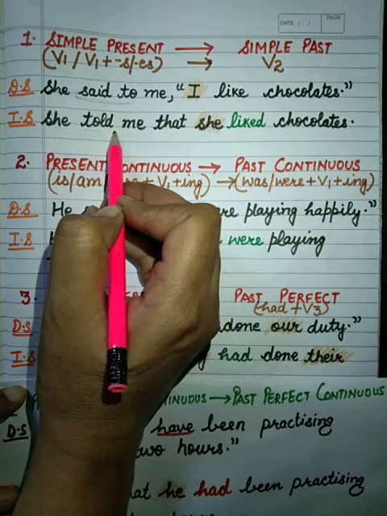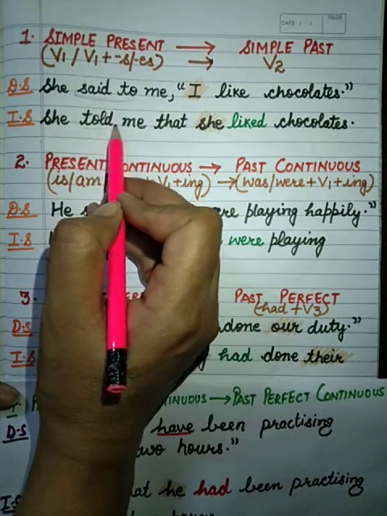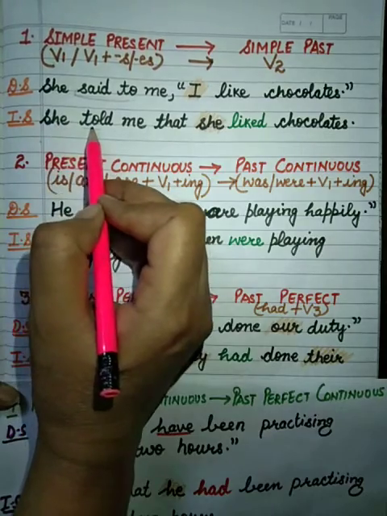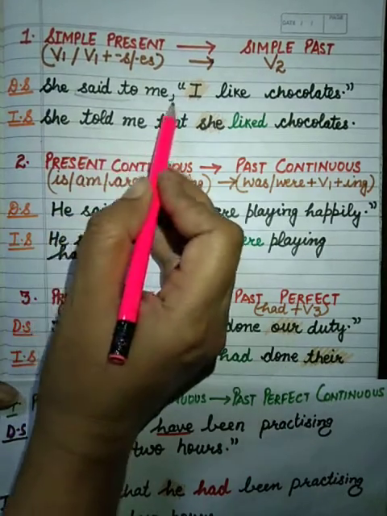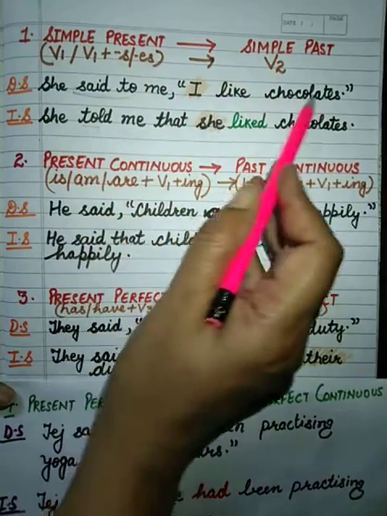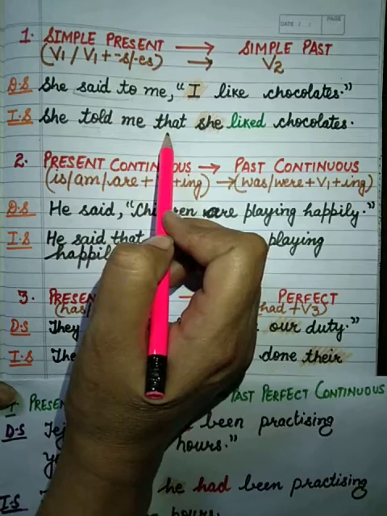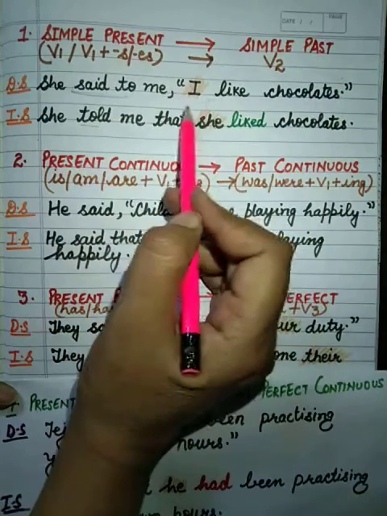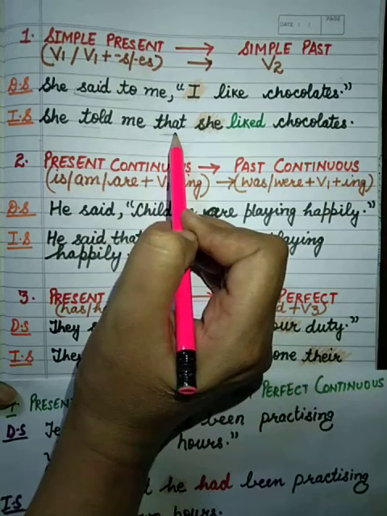Some students write told to, which is wrong. Never use to with told. It should be she told me. Okay? She told me. Remove these quotation marks which are used in direct speech when you change it into indirect speech.